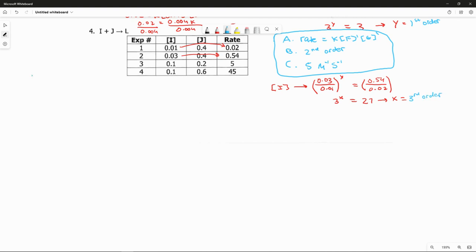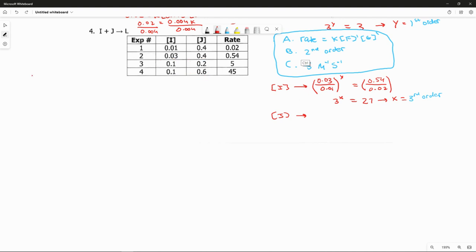All right, so let's calculate it for J. Same process. We want the two data sets where J changes but I remains constant. The only one that does that is from 0.2 to 0.6, with I staying constant at 0.1.